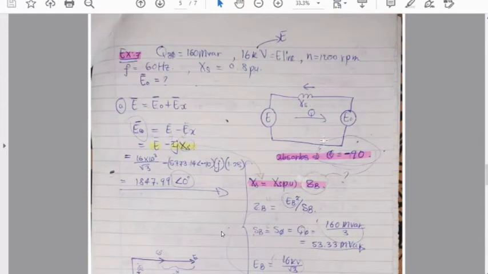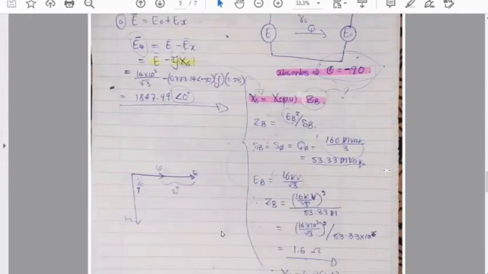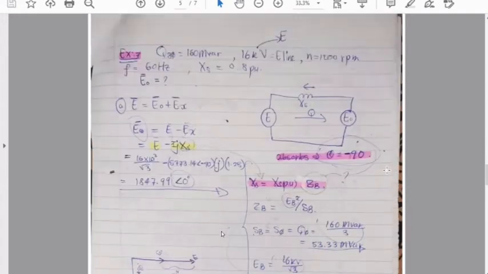So when it says it absorbs, it means that theta is actually negative 90 degrees. That's what it means. That's all, nothing else. Okay, so let's go about calculating this.